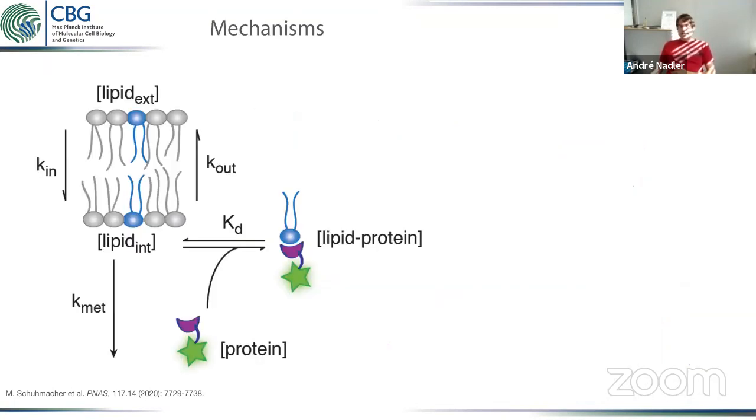Now, I've promised you mechanisms, because so far this is a quantitative experiment, but with a relative comparison as a readout. If you draw up the simplest kinetic scheme that you can come up with to describe a lipid signaling event with diacylglycerol as the second messenger, what you have is something like shown here on the left.